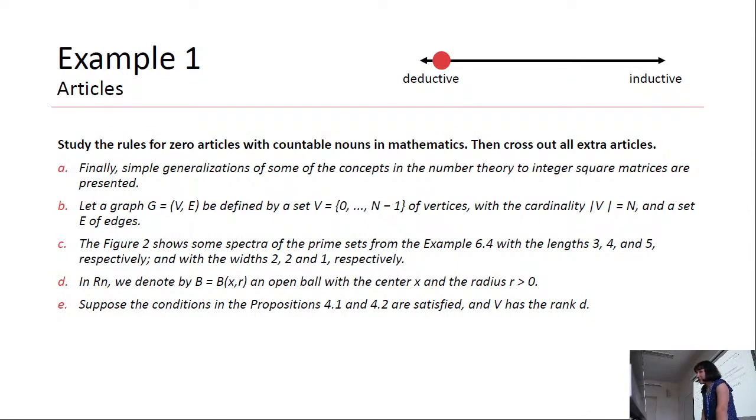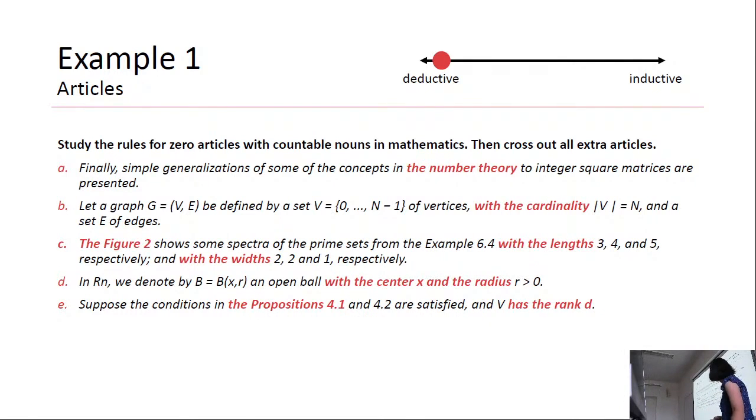Now, from these, it's not difficult to compile an exercise, which would be one of those classical deductive exercises, such as this one, where I ask my students to study the rules and then cross out all extra articles from these 5 sentences. So what I've done simply is just taken out of the corpus examples of instances where this happens, then do the violent thing and add the extra articles, and my students can then work this out.